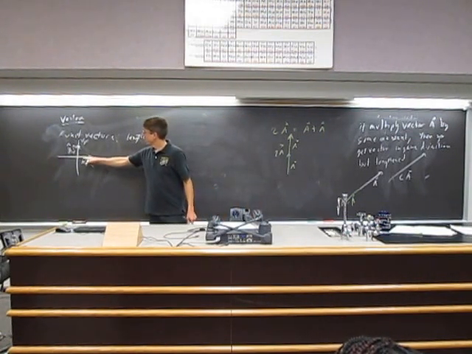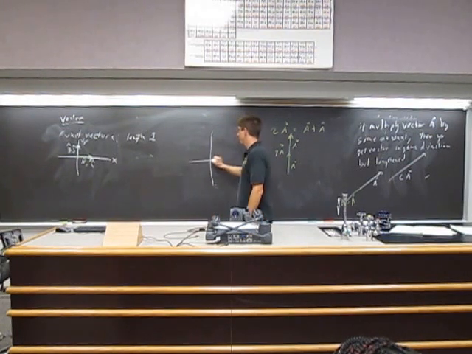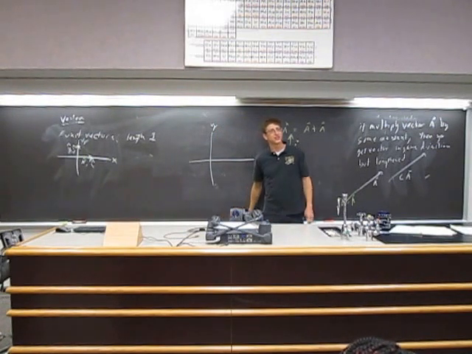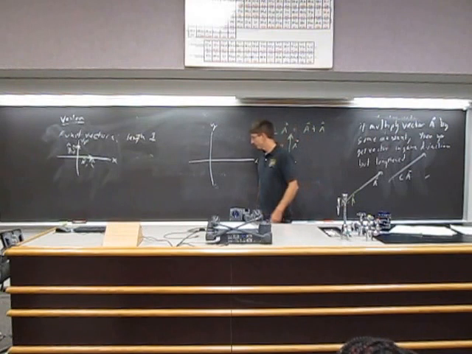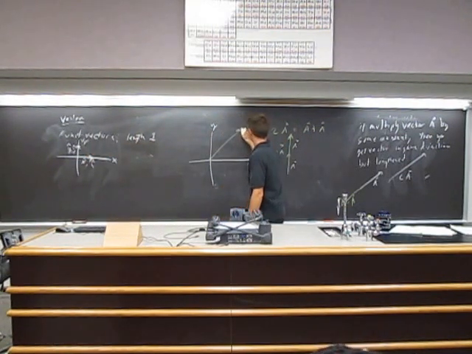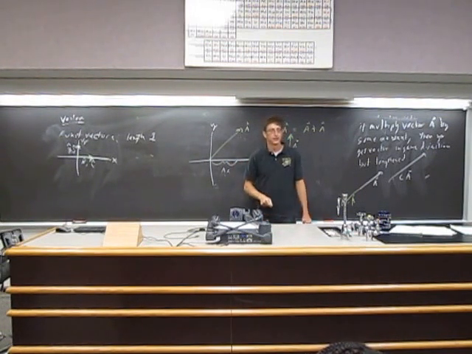Well, any vector A that's in the plane of the board can be represented as the sum of 2 vectors involving those unit vectors. So let me draw an arbitrary vector A. Well, I know that the length of this A along the x direction is a sub x.